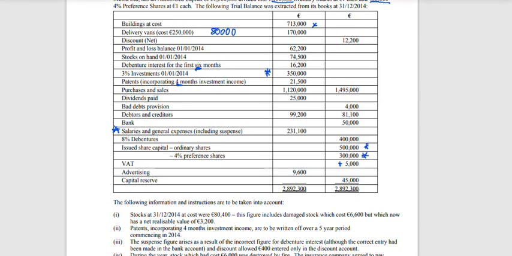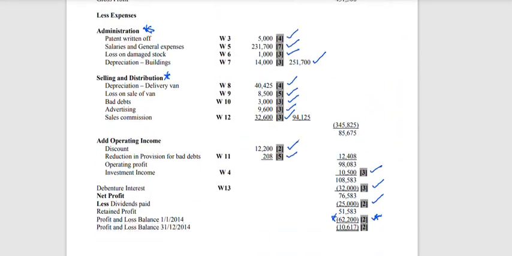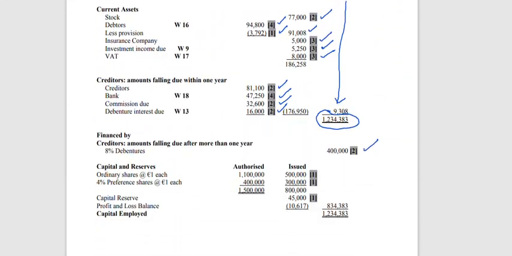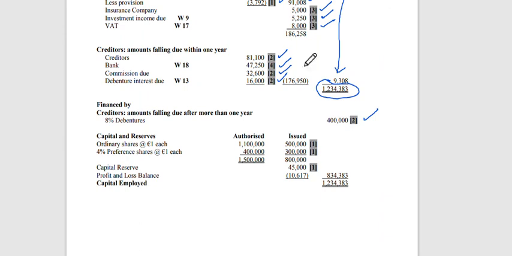Okay, that's where those figures come from. The authorised, you don't do anything with them, you just add them up. The issued, you keep going. Capital reserve, given in the question. Profit and loss balance comes from part A of the question. Add them together, you get 1,234,383.